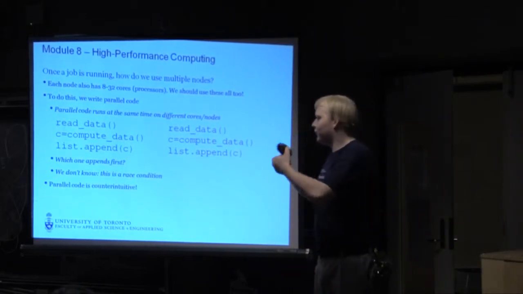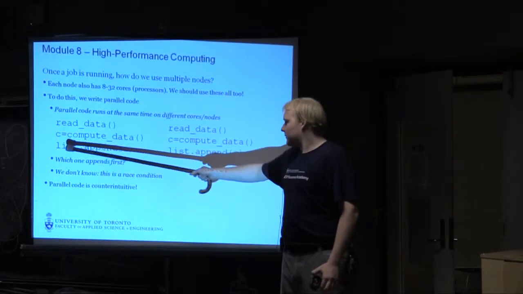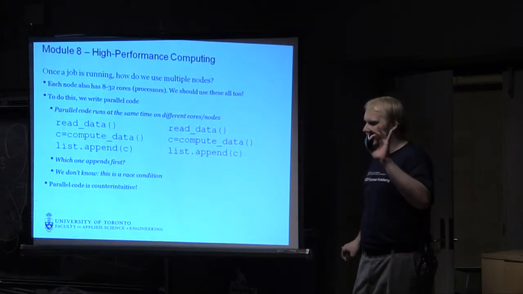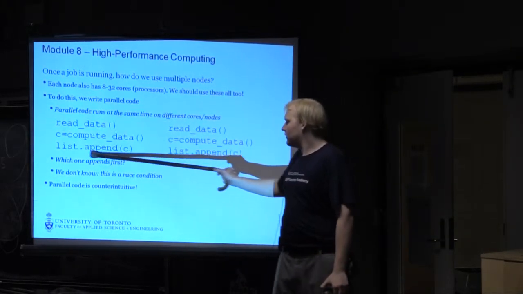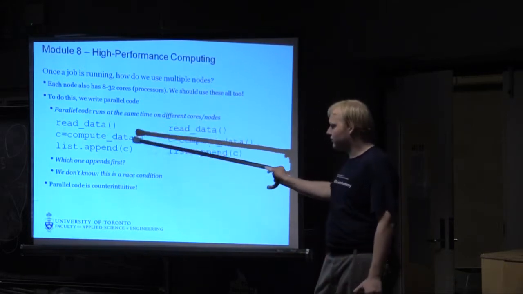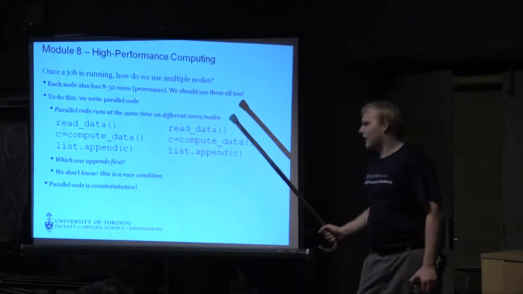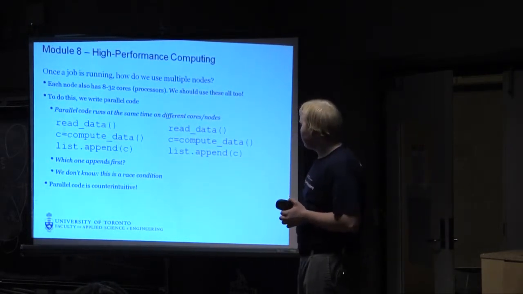So a very simple pseudocode example is we're going to read some data, and then we're going to compute the data, and then append that to a list, right? So it's going to create a list of 2. And then we do the same. We could do this in 1 program. We could read, compute, list, or we can do it at the same time on 2 different threads, as you were saying.